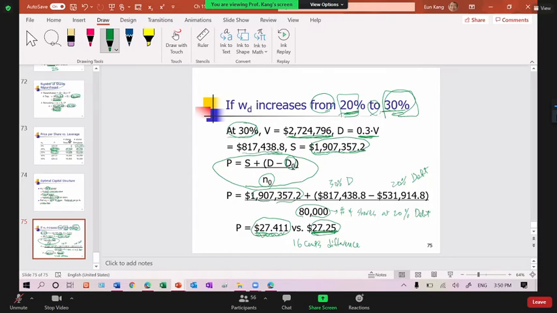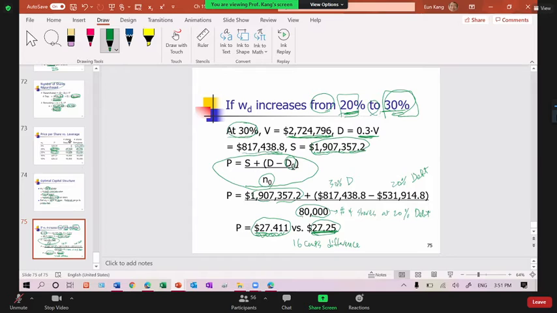If 30% is optimal, they should go to the optimal capital structure directly from 0 to 30% rather than 0 to 20%, then 20 to 30%, or there can be a lawsuit. But if that was not intentional, you didn't know the optimal capital structure, then that is not unethical because they didn't know. But if they knew it and did it intentionally, then that's unethical. So we have to be ethical managers. So you have to go from 0 to 30%.